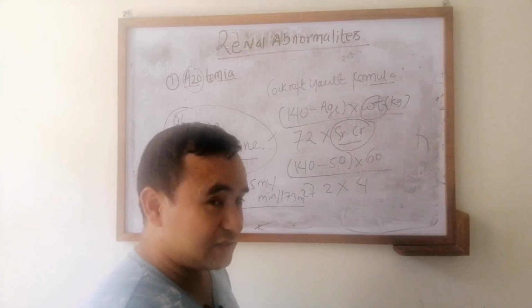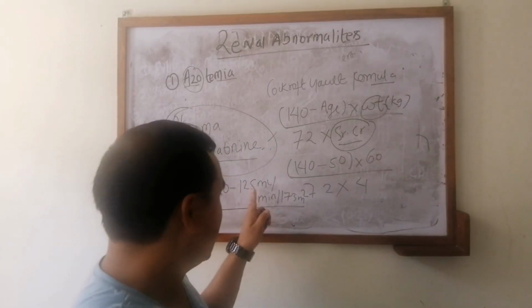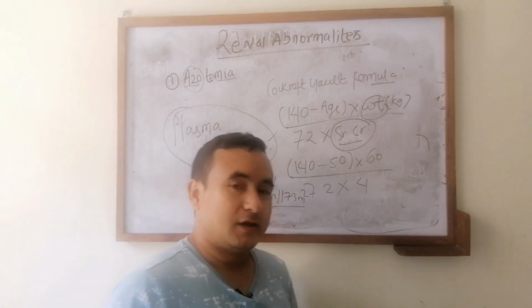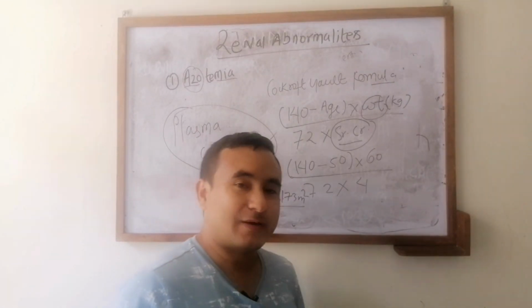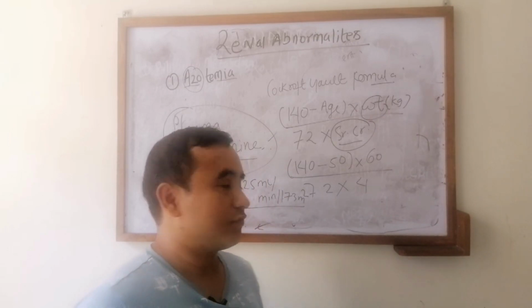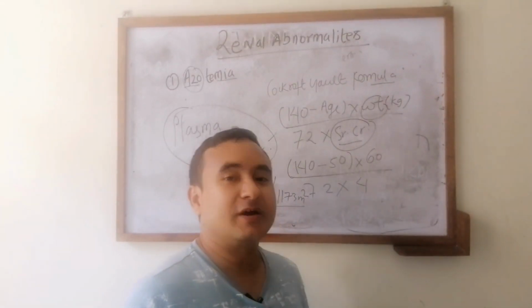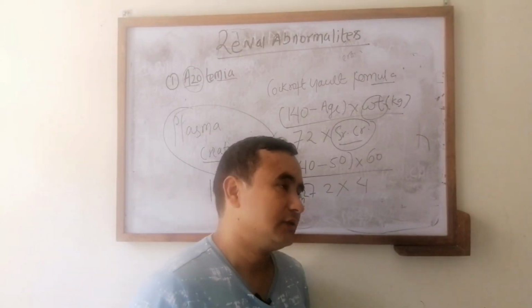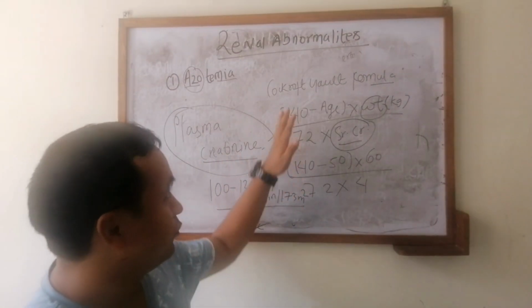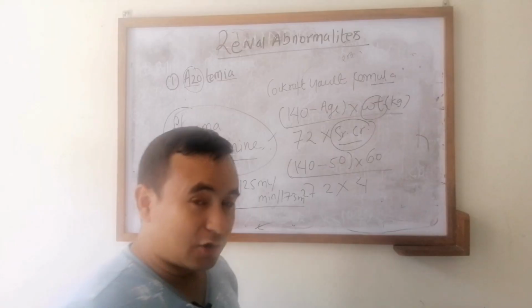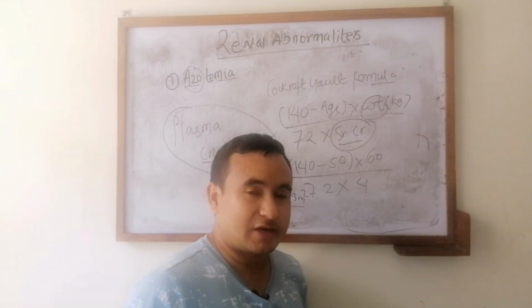But EGFR usually declines after the age of 50 at the rate of 1 ml per minute per 1.73 meter square per year annually.